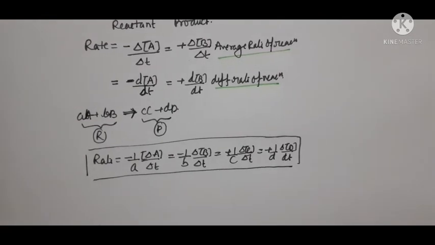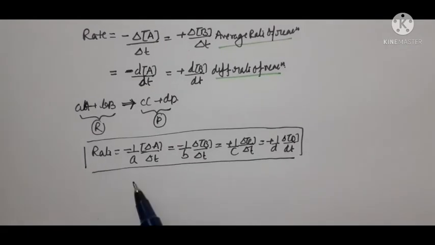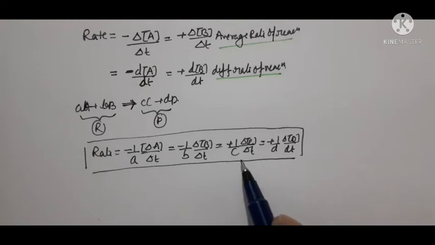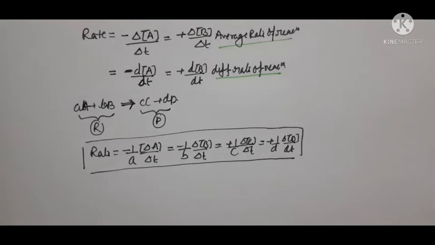In the above example, the negative sign indicates decrease in the concentration and the positive sign indicates increase in the concentration, and the coefficient is always written in the denominator.